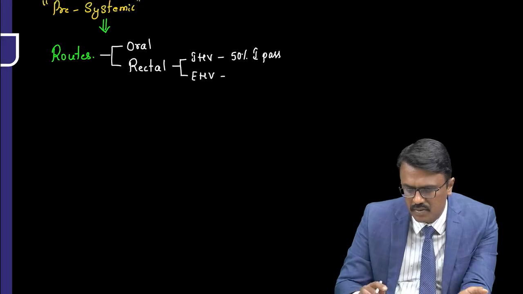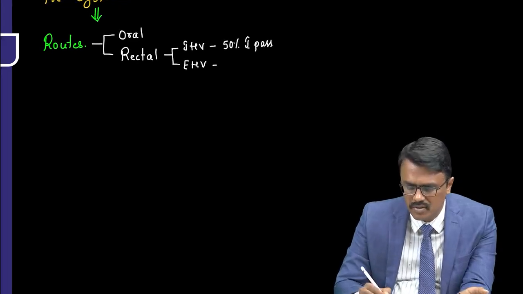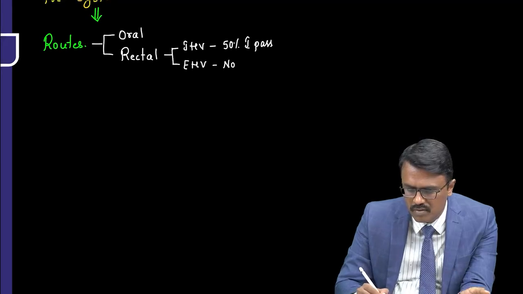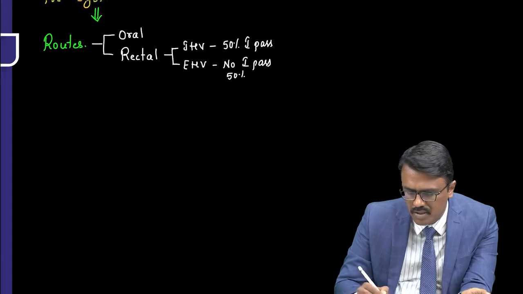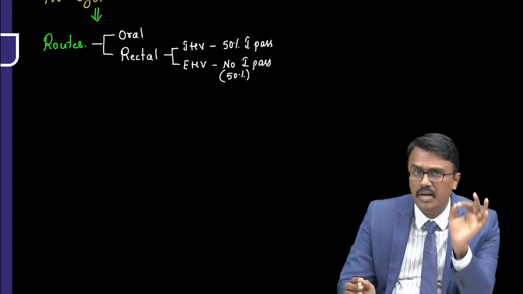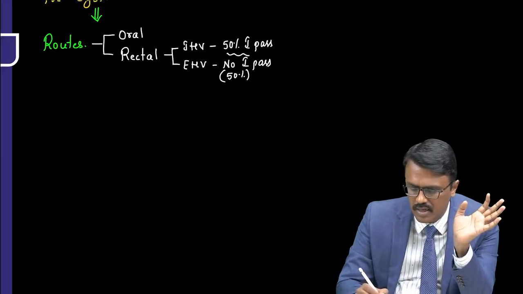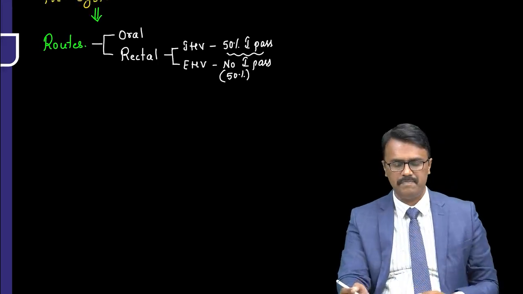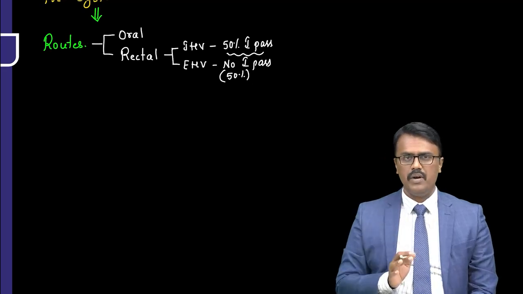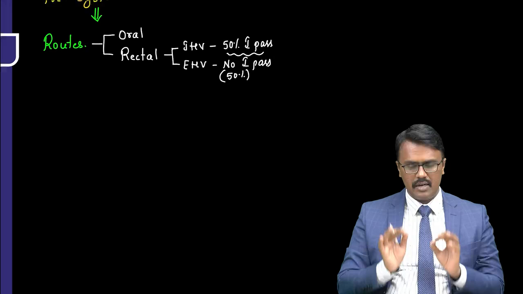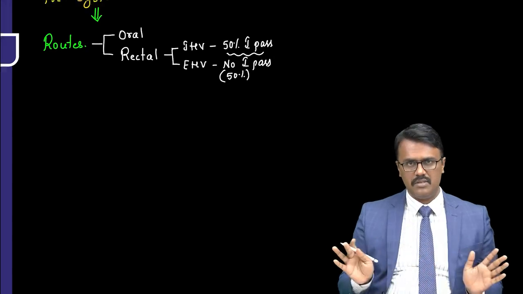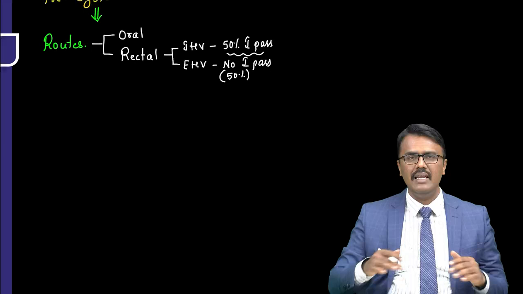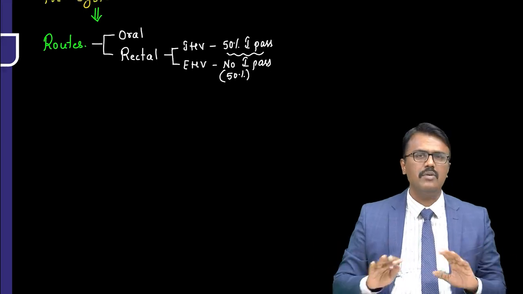If it is absorbed through the external hemorrhoidal vein, no first pass. Another 50% will not have first pass. But ultimately, rectal route also has first pass, that is 50%. Now the point to understand is oral and rectal are the only routes which have first pass. Apart from that, any other systemic route you take, they don't have first pass. Simple.